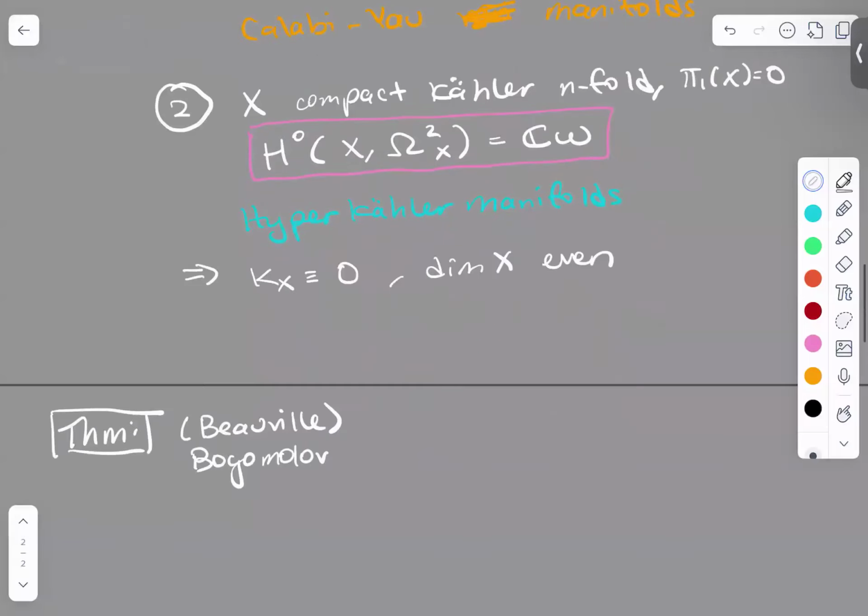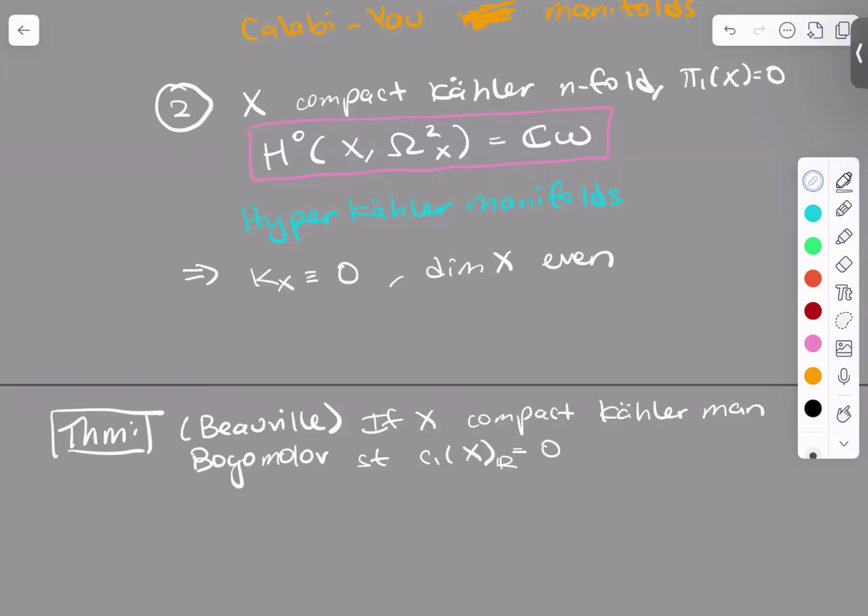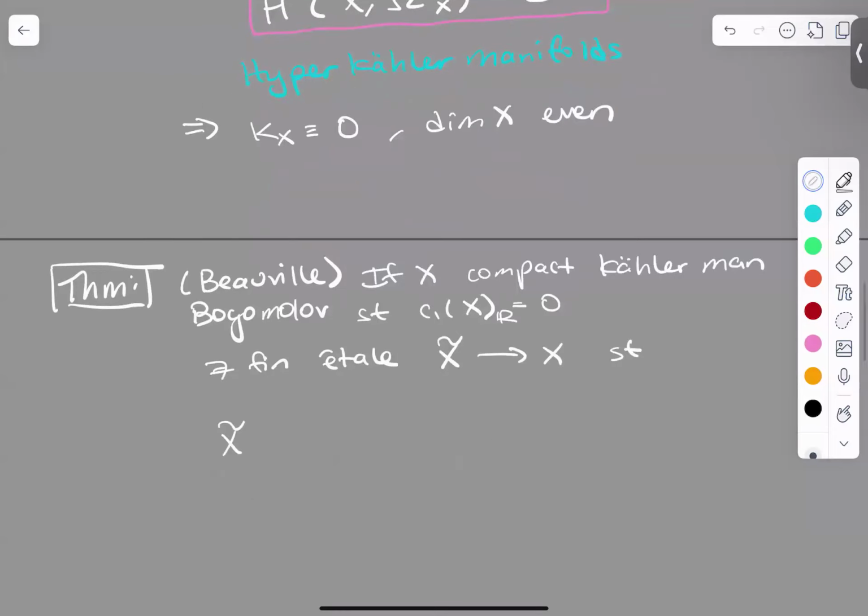There's a theorem due to Beauville and Bogomolov, which says that if I have any compact Kähler manifold such that the real first Chern class of the manifold is 0, then there exists some finite étale cover, X tilde, such that X tilde is isomorphic to a product of a complex torus times some product of Calabi-Yau manifolds times some product of hyperkähler manifolds.